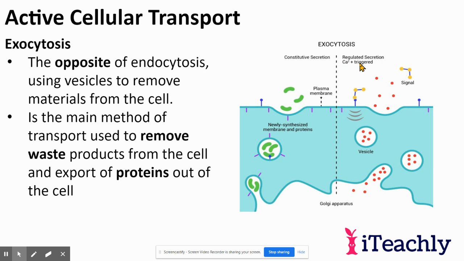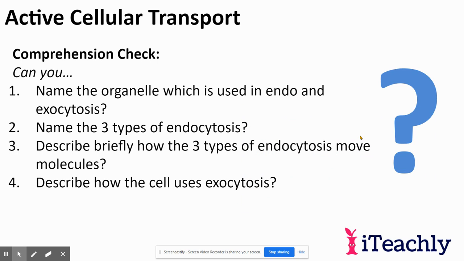So it's calcium triggered. So the Golgi gives it signals and says, okay, this one needs to go here, this protein needs to go here, this lipid needs to go here. And they actually sort of tag them, and so they know where to go. It's actually like a little factory. Okay.